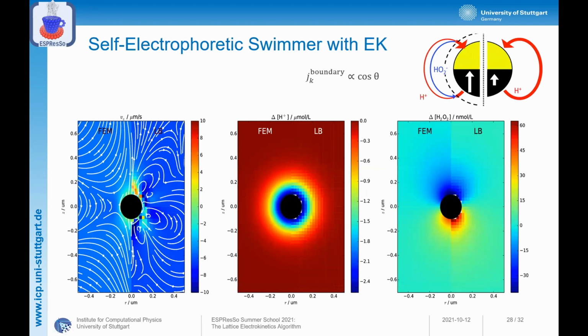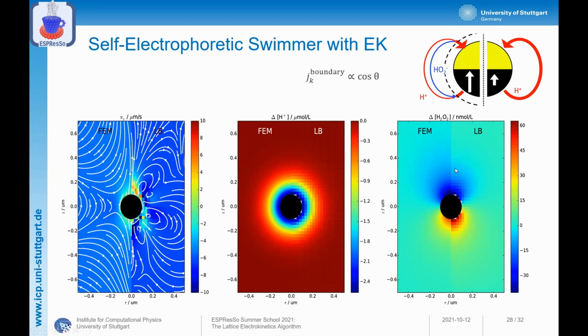Okay, how does this translate into simulations? As you can see here, there is also a poster on this wall for whoever wants to look at this in more detail. You can see that if you apply those reactions, as we mentioned, in an electrokinetic model, you get the densities. It's not the density of the hydrogen peroxide seen here, but the difference, the gradient.